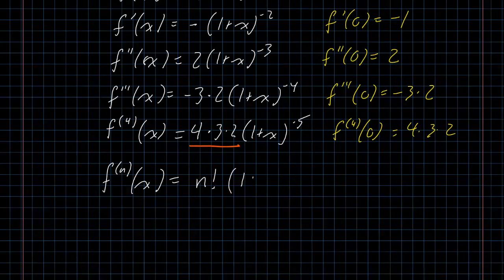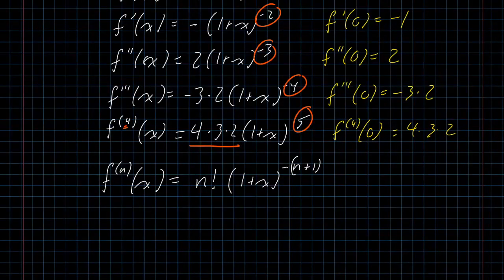Then I'm going to have 1 plus x raised to a power, and my powers have just been descending. But they're always one off of where I started. Right? The first derivative had the negative 2nd power. The second derivative had the negative 3rd power. So in general, the nth derivative is going to have negative n plus 1. And let's write that in white so that it's more readable.